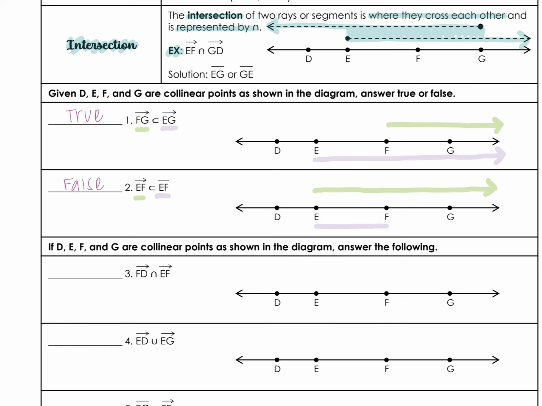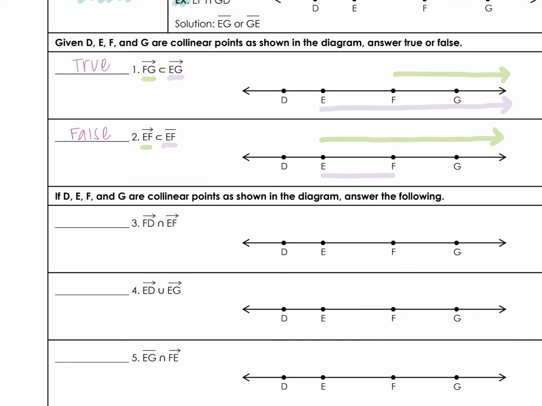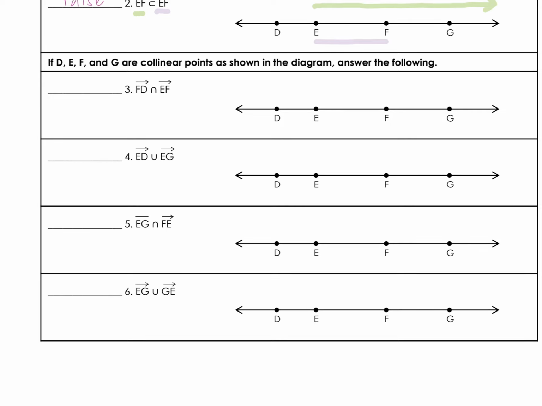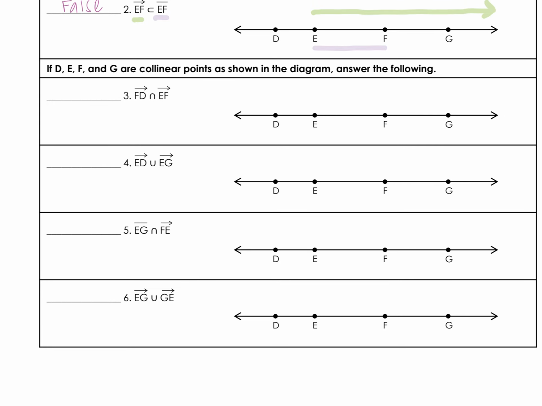All right, so now moving on to our union and intersection practice. For these, we've got pretty much the same instructions, but if D, E, F, and G are collinear points, as shown in the diagram, answer the following.